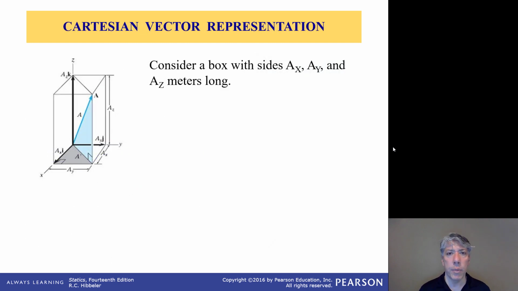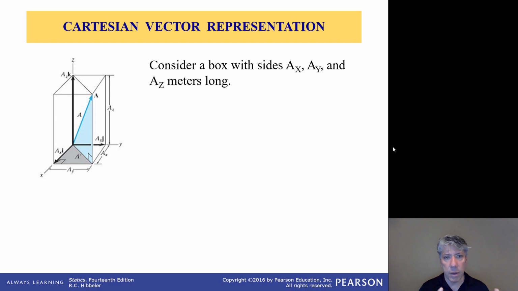Let's think about how to represent a 3-dimensional vector in a Cartesian coordinate system. So we've got a vector A. We plot down an arbitrary coordinate system, usually aligned with something that makes sense to us as human beings. But this vector A needs to somehow be represented in this 3-dimensional space.